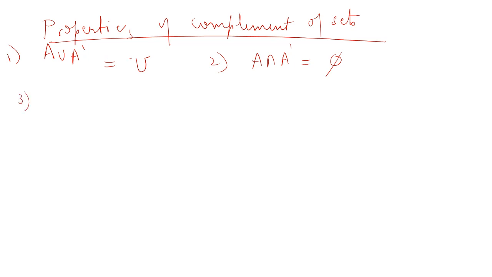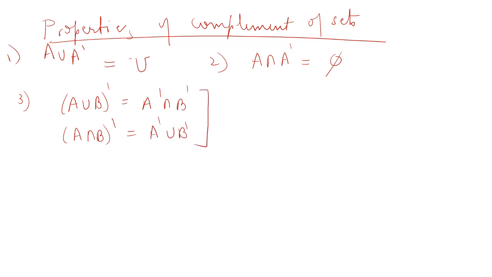Third property is A union B whole complement is equal to A complement intersection B complement, and if it is intersection, A intersection B whole complement is A complement union B complement. These two laws are called De Morgan's law.